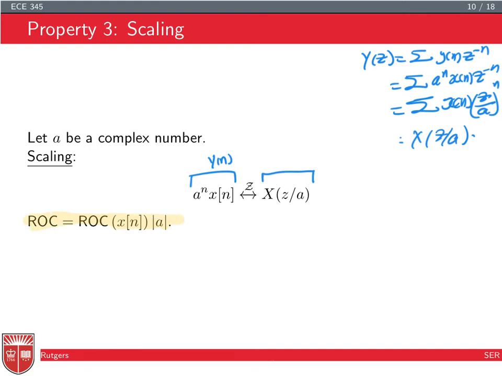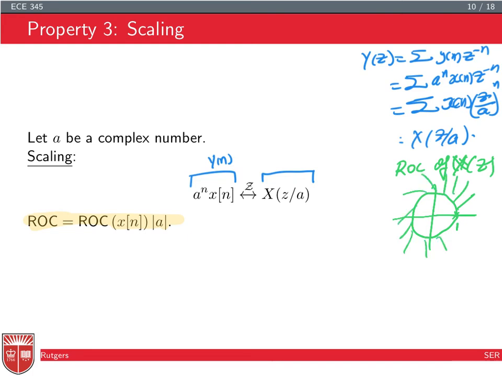To see why this is true, let me give you a small example. Let's suppose X of z is a right-sided signal with a pole at 1, so the ROC is the exterior of this circle. Then the ROC of X of z by a is going to be different because I scaled everything by a.